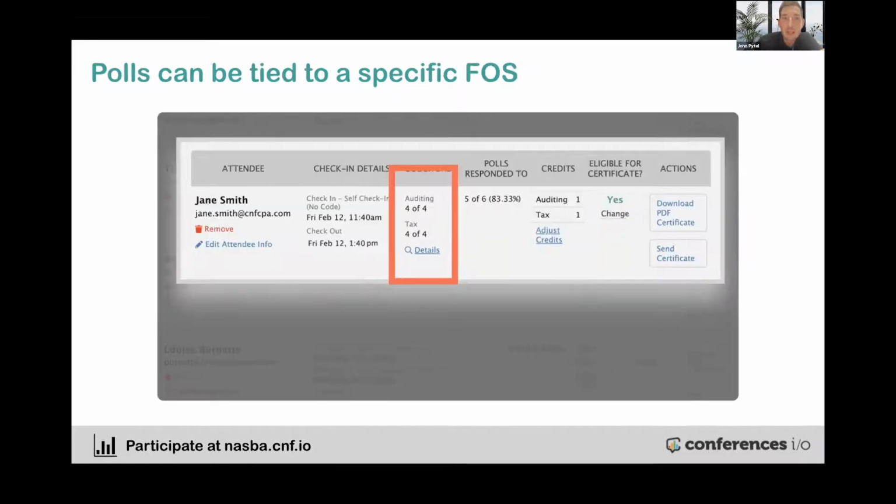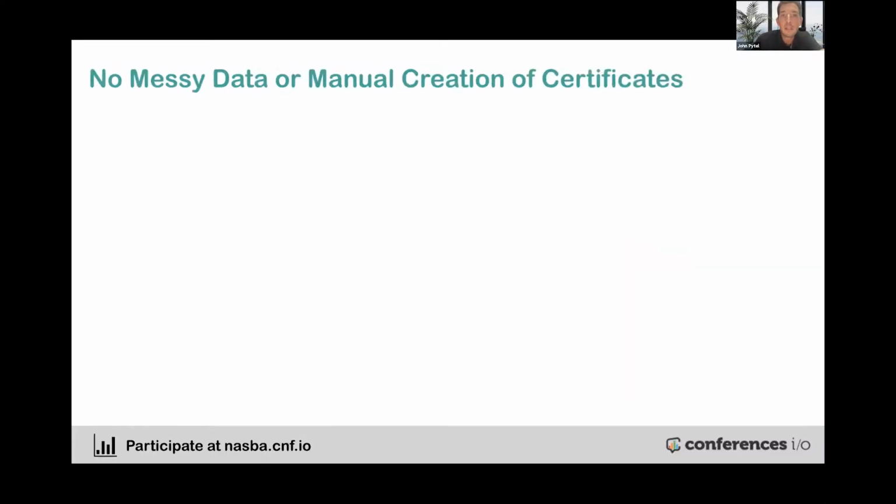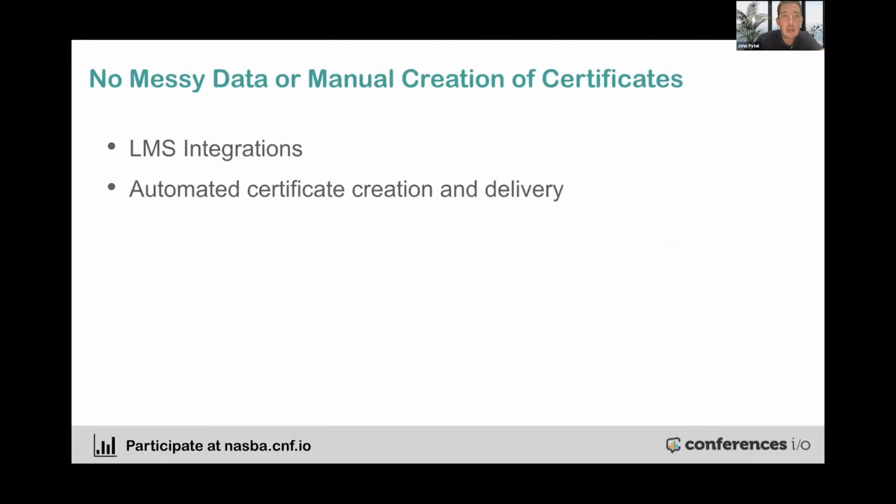You can tie polls back to specific fields of study, so that scenario I laid out earlier where someone responded to 4 out of 6, it doesn't exist. You can know exactly which polls they responded to. And then in terms of the messy data or getting those certificates out there, like I mentioned, we've got a variety of LMS integrations. We've got our own certificates if you don't have an LMS.